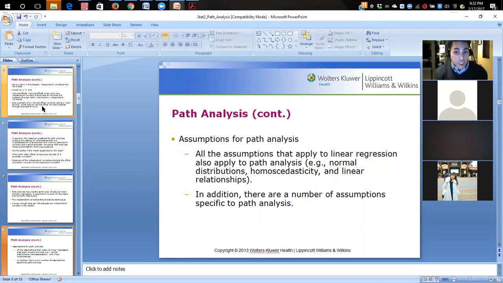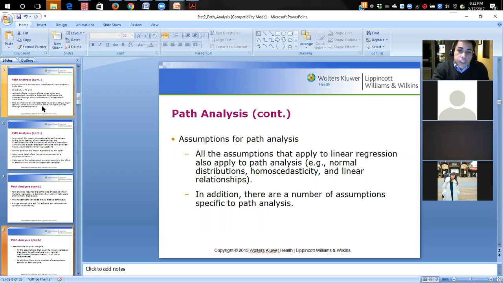We know what homoscedasticity is all about. We can do Levene's test, and there are many other statistics that look at the homogeneity of the variance across the groups. And that's an assumption that must be met in path analysis. And of course, linear relationship, because at the end of the day, this is general linear modeling. So we are still using one umbrella, which is GLM, general linear modeling.